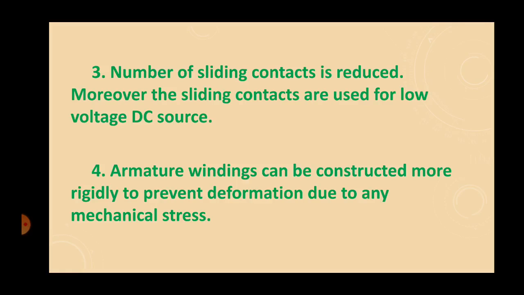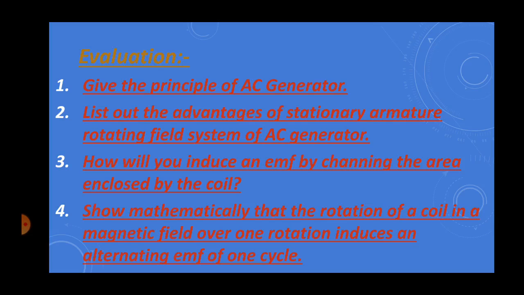Are you clear, children? Okay students, hope you understood. Then answer my questions. First, give the principle of the AC generator. Second, list out the advantages of the stationary armature rotating magnetic field system of the AC generator. These are 2 more questions. You write 4 advantages.